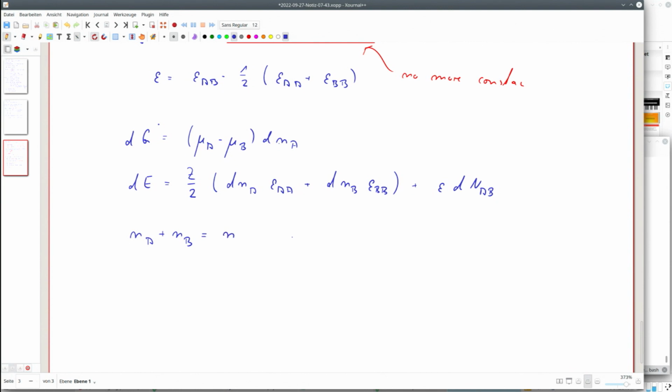So which one did I choose here? dNB equals minus dNA. And omit this bracket here.